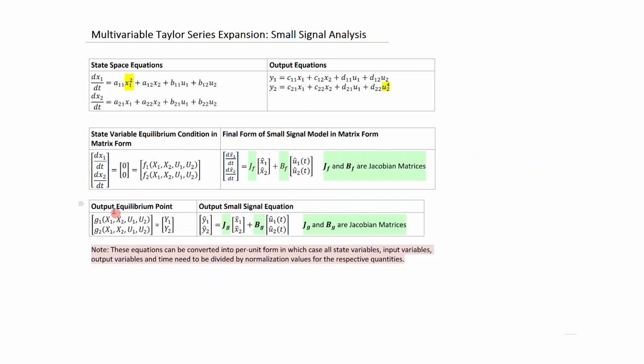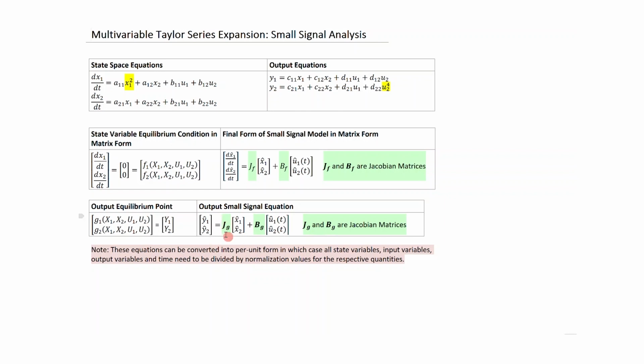We also have the output equation. So we have the equilibrium point, which is determined by substituting the steady state variables for x1, x2, u1, u2 in the output equations, from which we obtain the steady state or equilibrium values for the output variables. If we want the small signal equations for the output, then this involves small perturbations, the output being related to small perturbations in the state variables and the input variables.